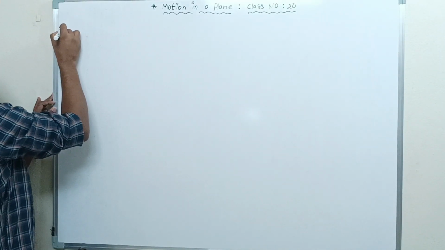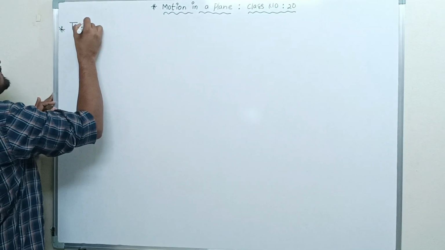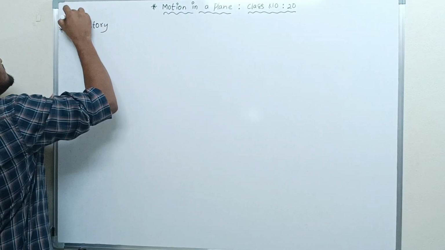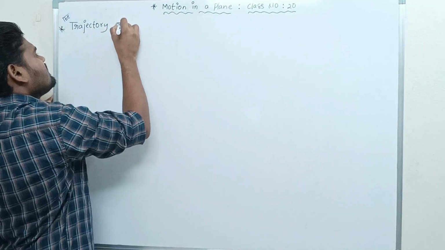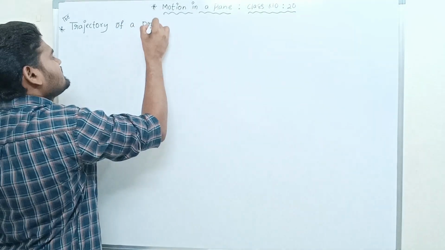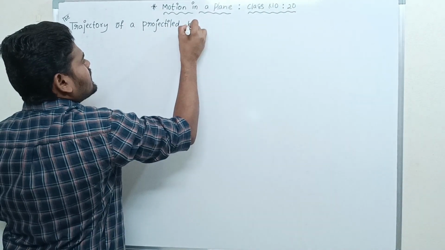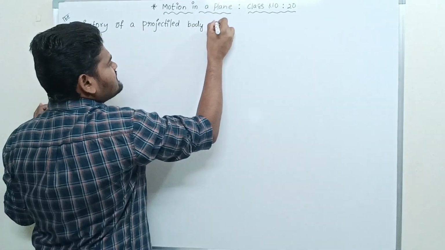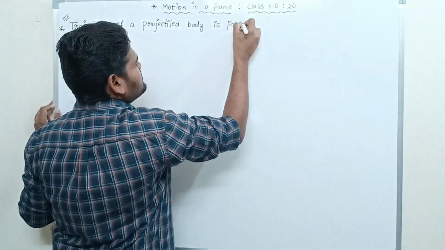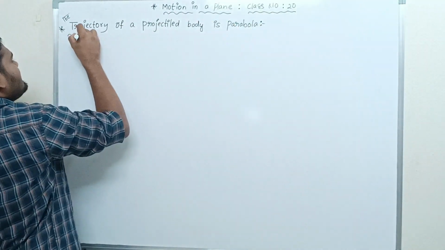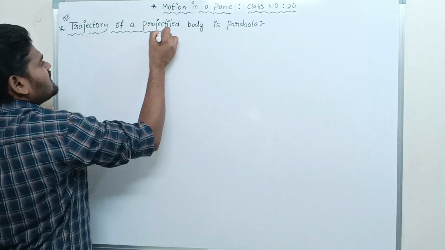Today's concept is the trajectory of a projectile body is a parabola. We have to prove that its trajectory is in the shape of a parabola.